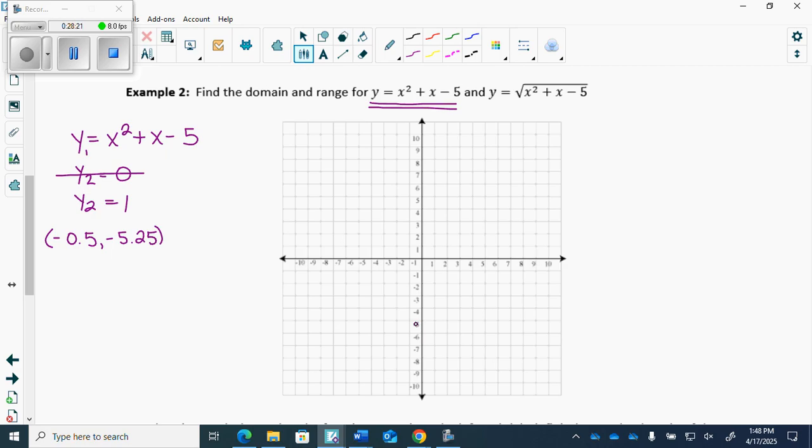So off the table I get 0 and negative 5. And then I get negative 1 and negative 5. And then I get negative 2 and negative 3. And 1 and negative 3.